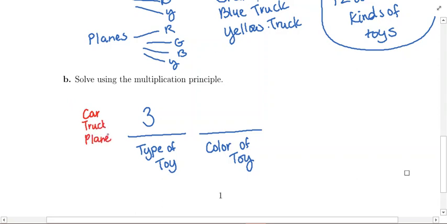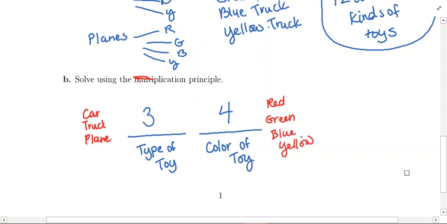So there's 3 different types of toys to be chosen from. So you would put a 3 in this blank. And then you're going to write down the number of possibilities for the color of the toy. There's 4 options, because your choices are red, green, blue, and yellow.